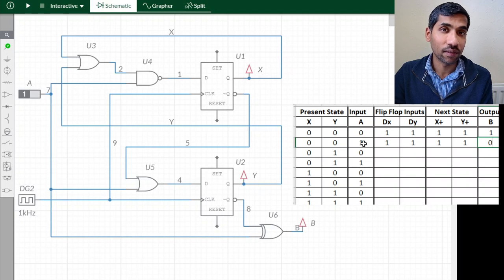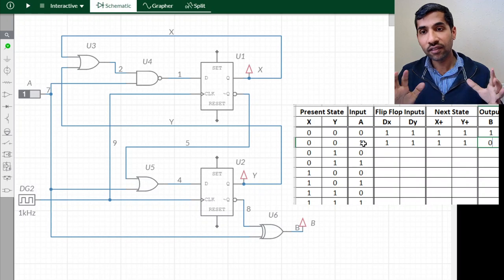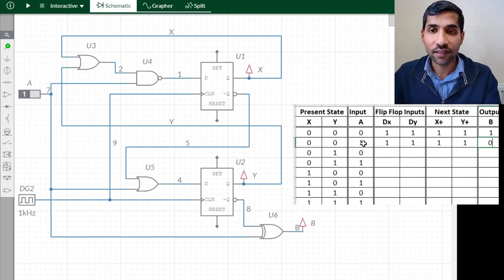Is that all right? Even if this doesn't make sense, let's just follow through this truth table, and in the next video we'll make a state chart, and hopefully that would clarify things quite a bit. Okay, let's continue then.